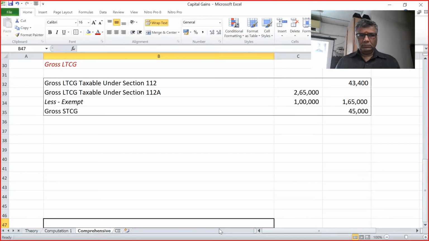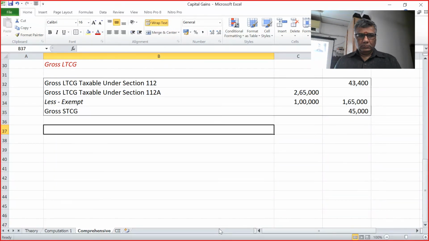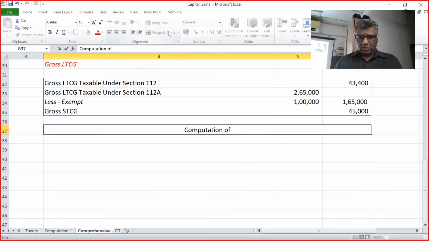A lengthy question. Let's have the patience. Computation of total income.